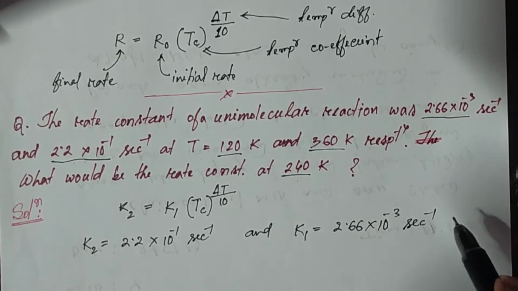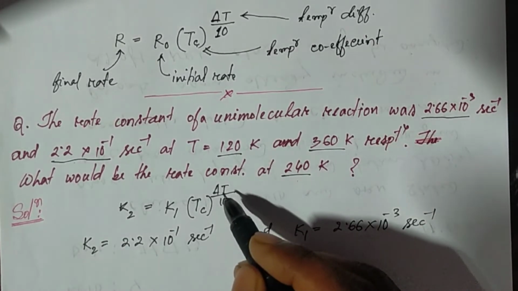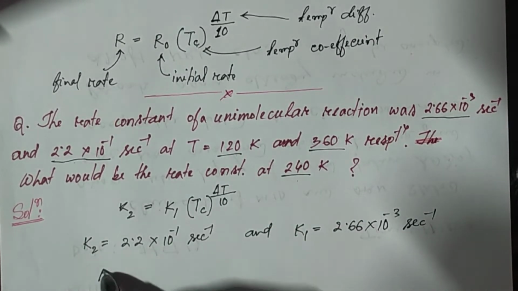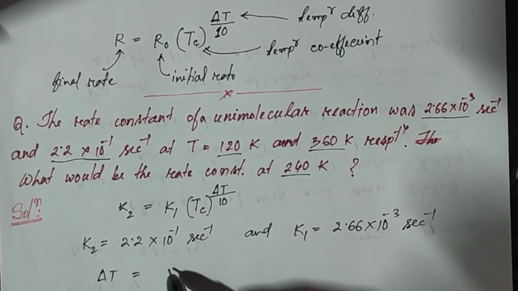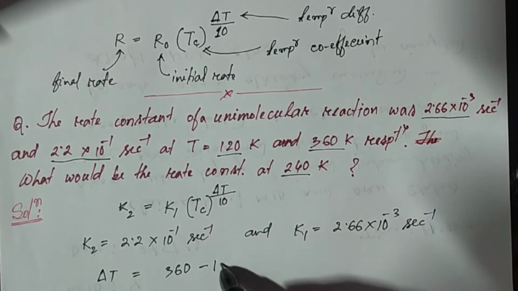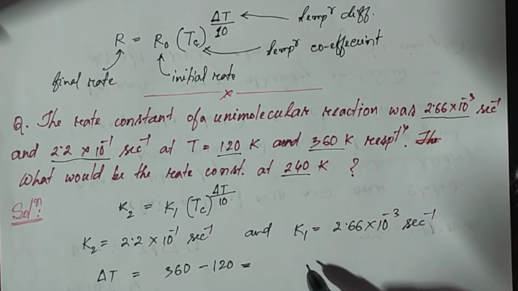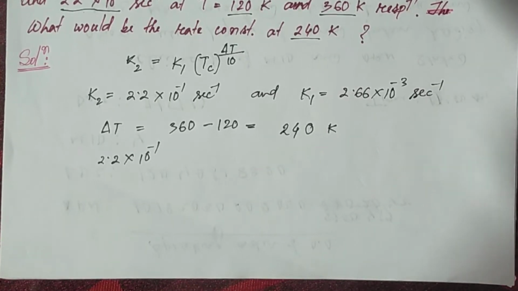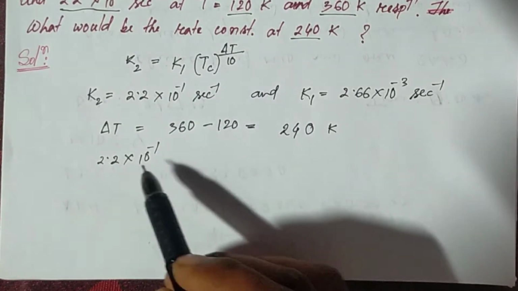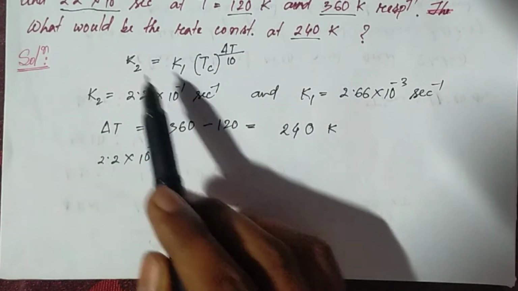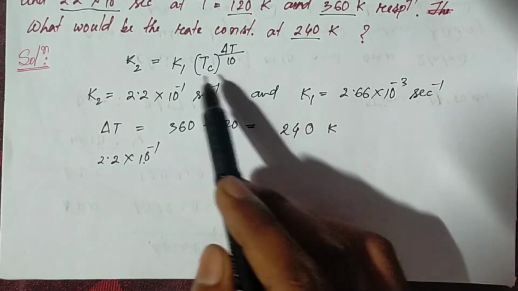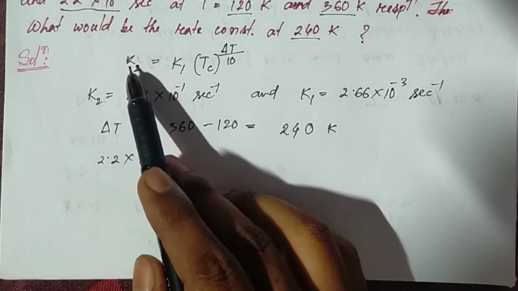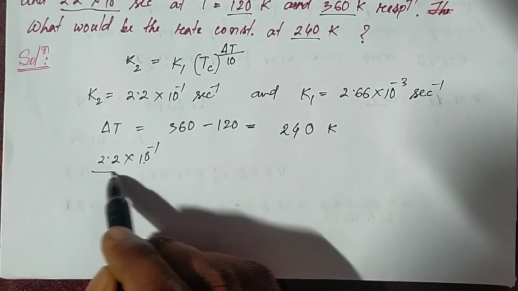And the temperature difference del T is 360 minus 120, it will be 240 Kelvin. Now we will put these values in this equation. So here k2 by k1.